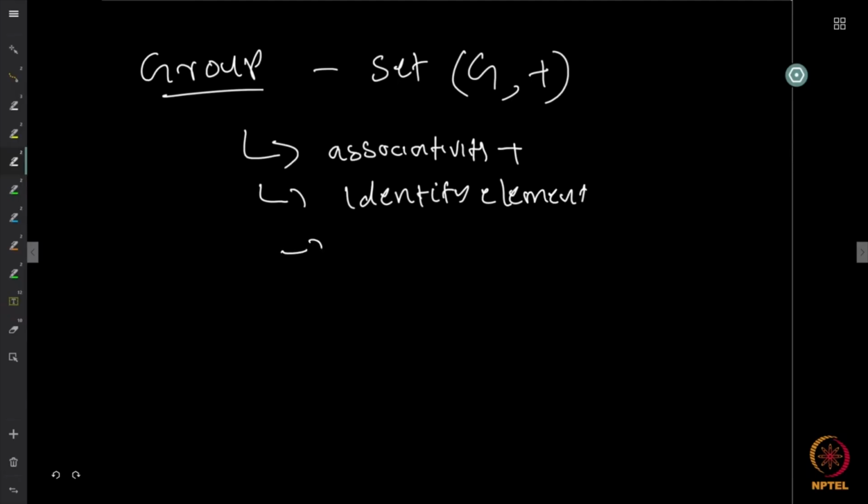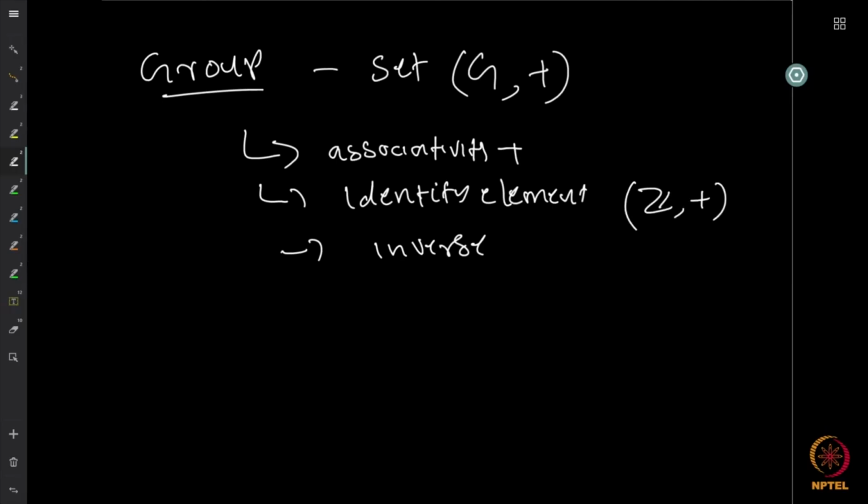Then existence of inverse element. Right? So these are the properties that we want for a group to have, right? So we have such structures which we call groups. Now, example of a group, for example, is the set of all integers under addition.